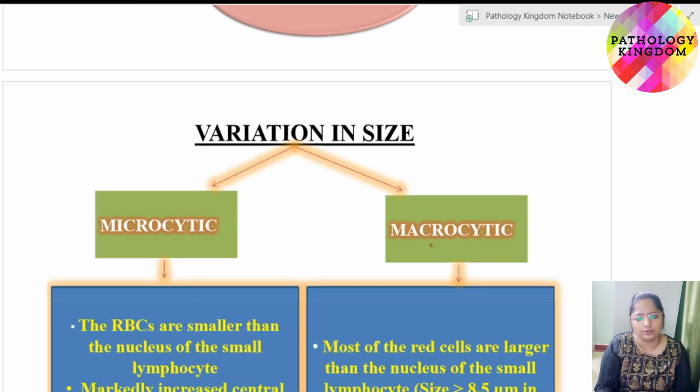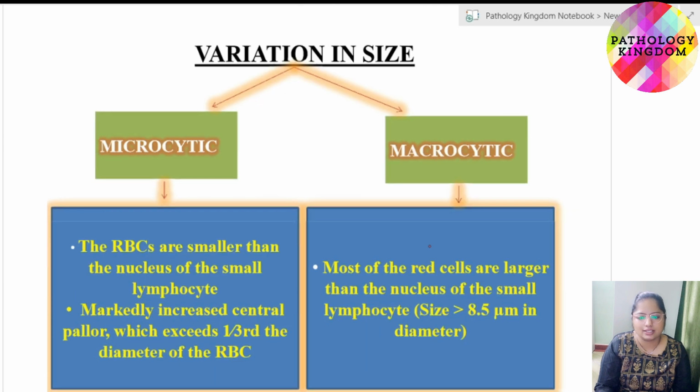Now coming on to the variation in size. They are divided into two, microcytic and macrocytic. Microcytic RBCs are smaller than the nucleus of the small lymphocyte, with markedly increased central pallor which exceeds 1/3 the diameter of the RBC.